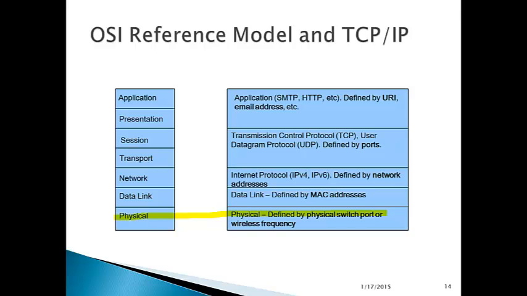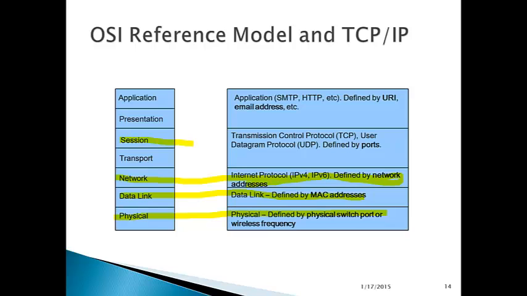The data link layer is also beneath TCP/IP, but it is defined by the media access control or MAC address. You know how device A talks to device B on the same subnet, talking to the same switch, okay? Once you want to go from a network A to a network B, you deal with a network protocol. And in TCP/IP, it's called the Internet Protocol, and it's defined by network addresses.